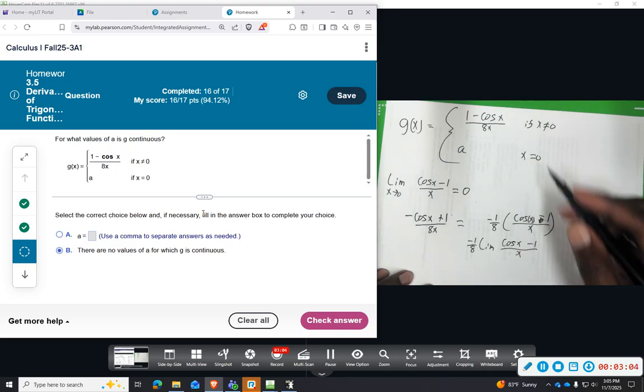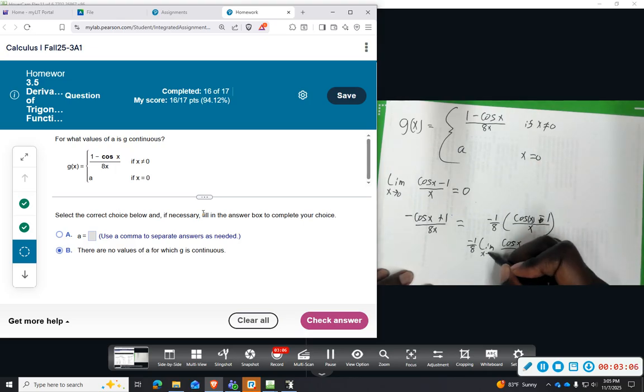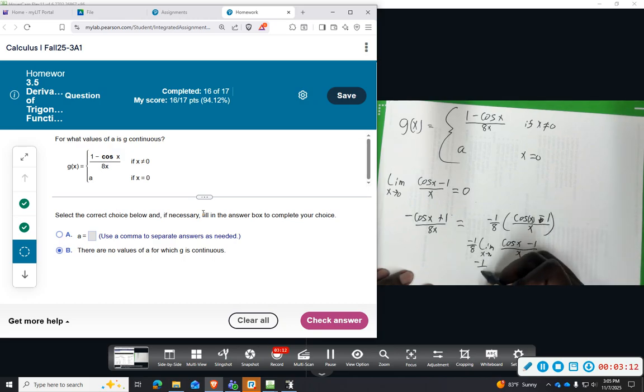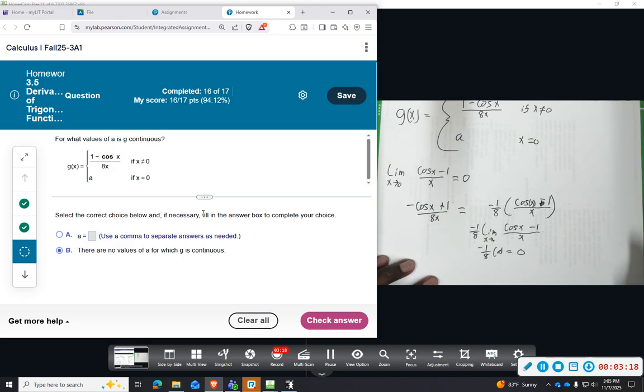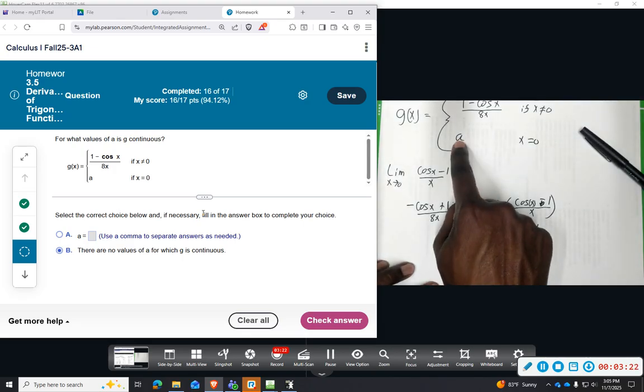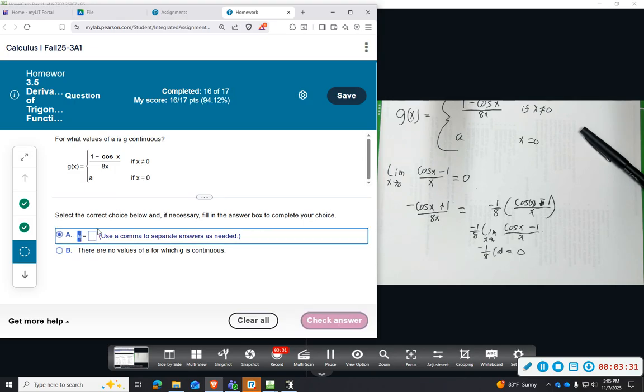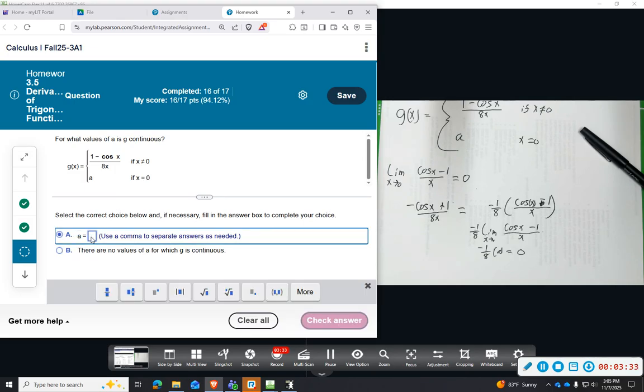Now it looks exactly like this as x goes to 0. This limit is equal to 0, so I have negative 1 over 8 times 0, which will just give me 0. So it's saying that a value of 0 is what is going to make this continuous. So we'll say a is equal to 0.